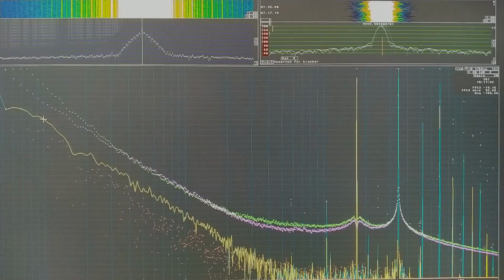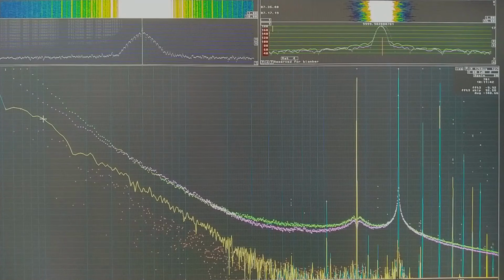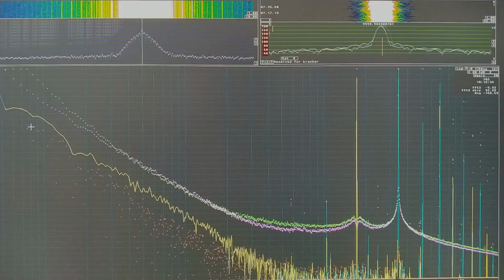This is only 700 transforms. And you can see that the imaginary part, the red dots, are only 4 decibels below the yellow trace. So if I try to make a straight line here, it is compatible with 100 dB for the noise at 0.1 Hertz.